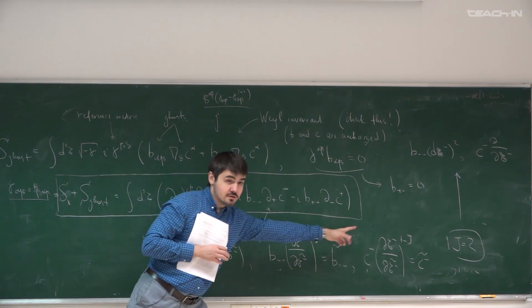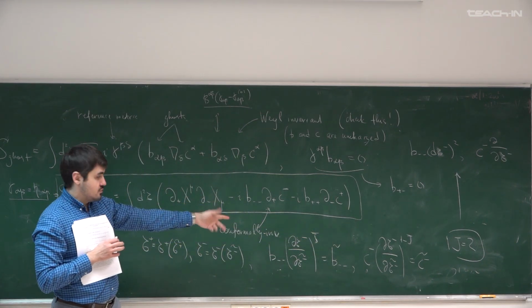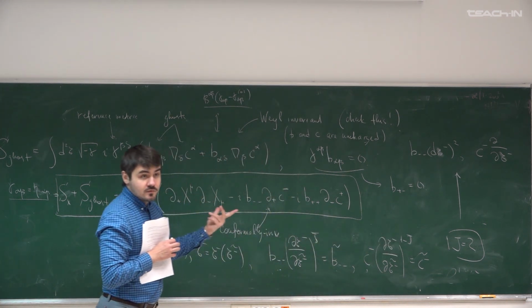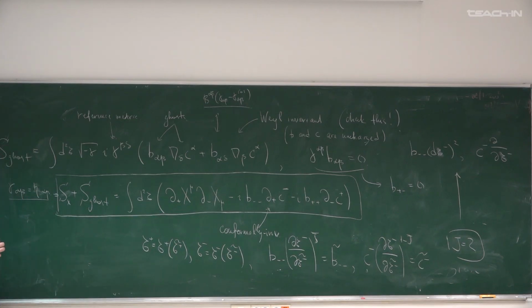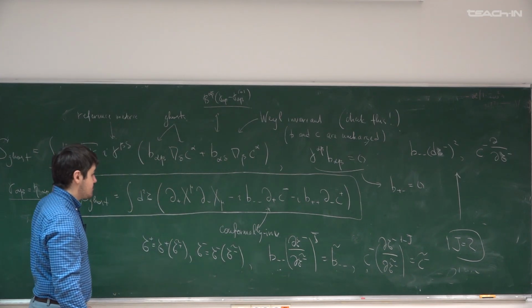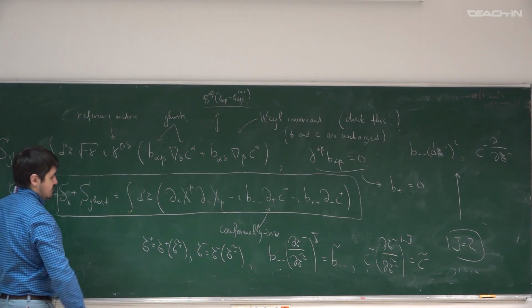So kind of -1 in this notation. You see, that's why J is 2 here, and here it's -1. That's how it comes about. But in principle, this is a conformal field theory for arbitrary J.